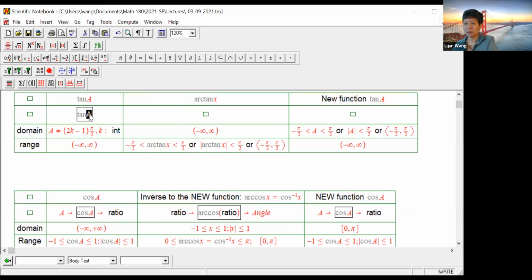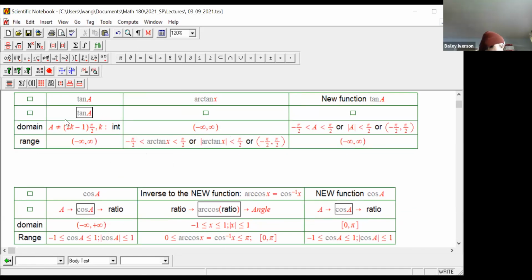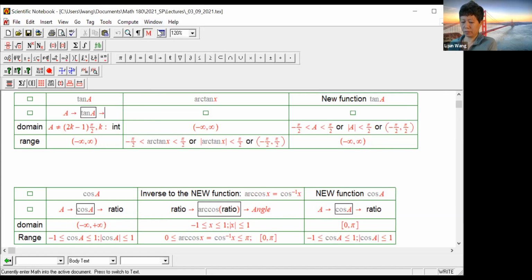Angle. Takes angle. And what's the output? How about this new function? Same thing, just being restricted. How about arctan?